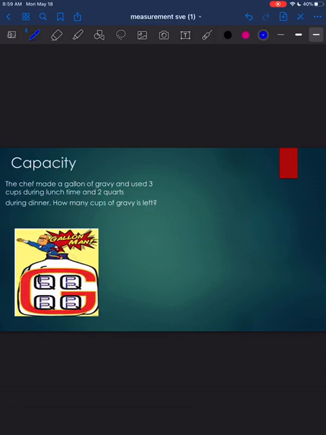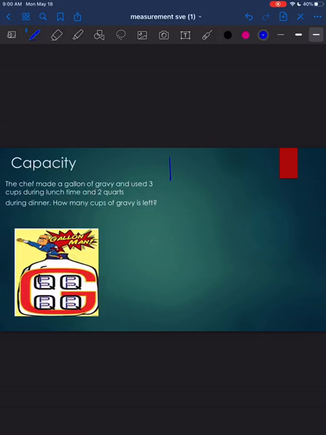And then finally, the last one. The chef made a gallon of gravy and used 3 cups during lunchtime and 2 quarts during dinner. How many cups of gravy is left? Alright, so this one is another multi-step problem where I'm converting what I started with into smaller units and actually solving a problem. I know that the person is taking away because I'm figuring out how much is left.